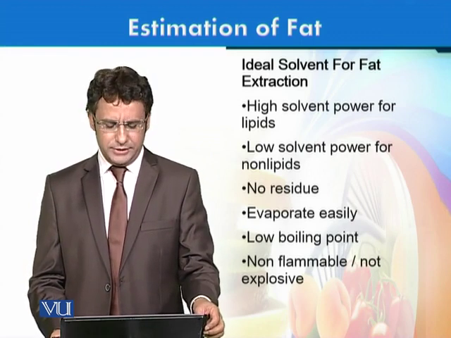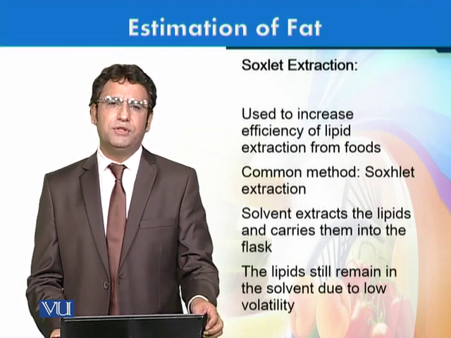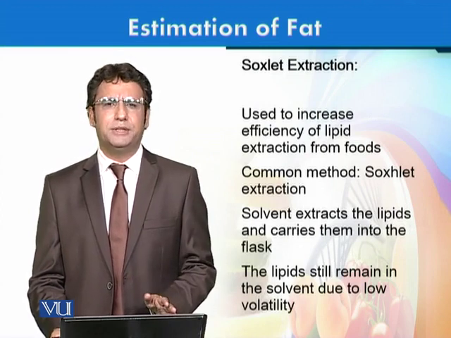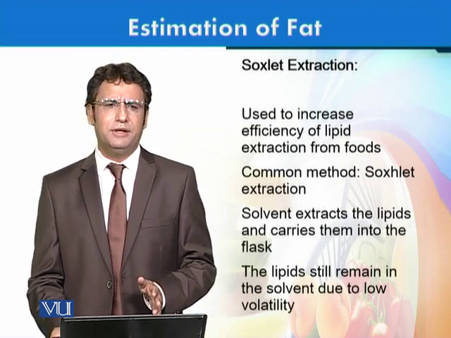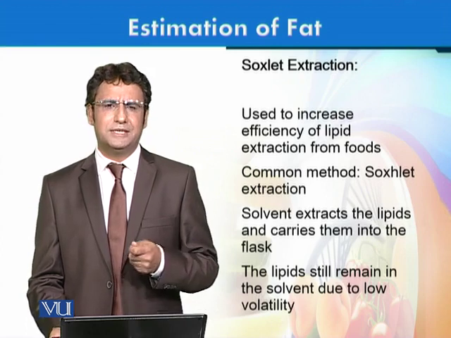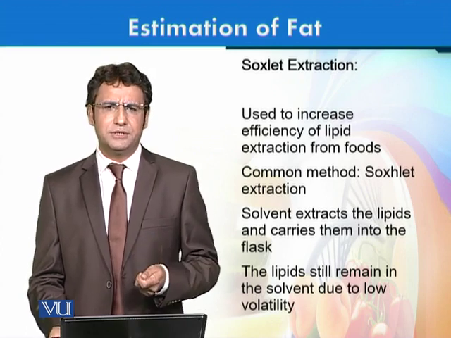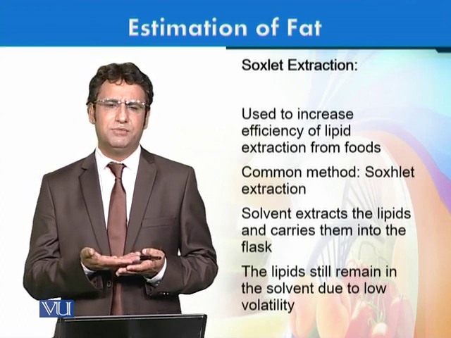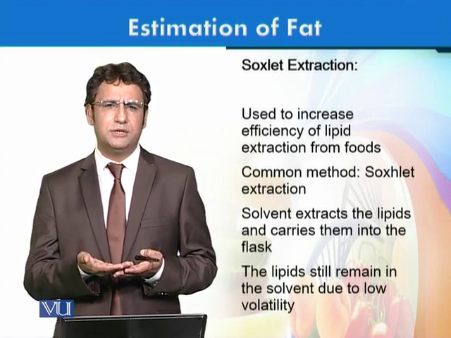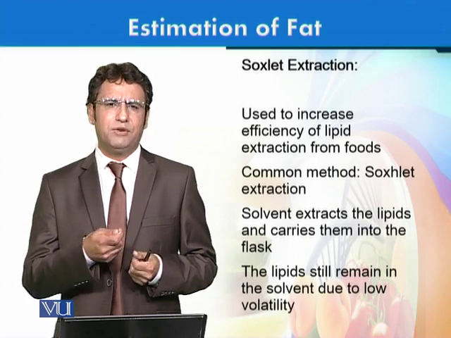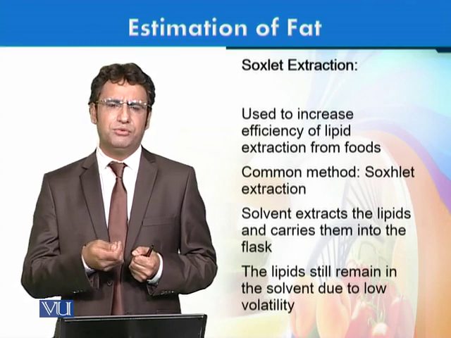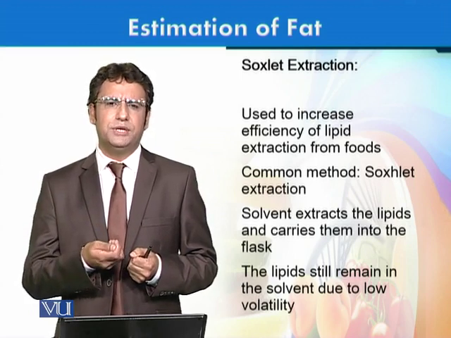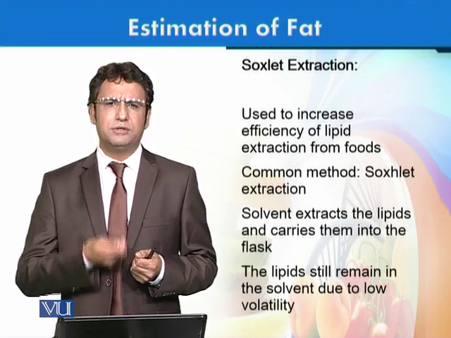and we need to decide which solvent we are going to use for our particular analysis. One of the most widely used methods is the Soxhlet method. It consists of a Soxhlet extracting apparatus in which we cover the food with a solvent such as ethyl ether or diethyl ether that would remove the fat contents from the food, and this is a continuous process.